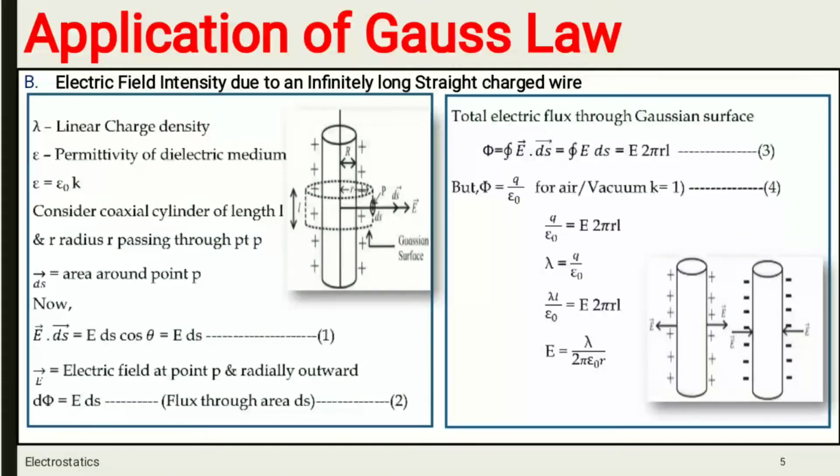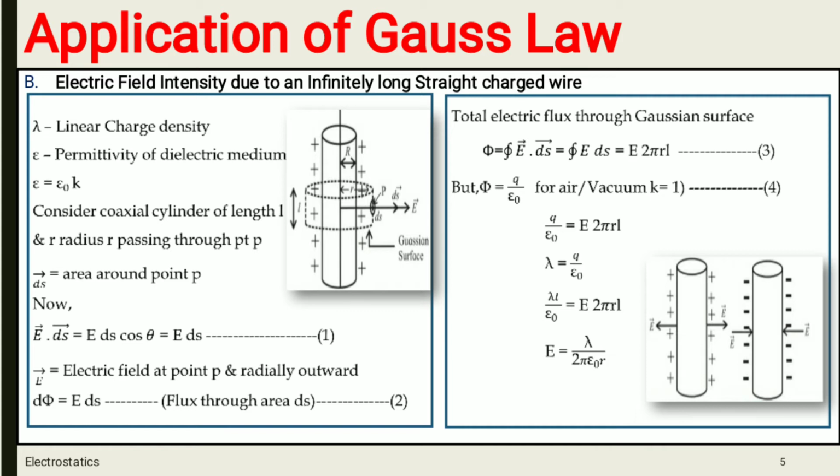Now here epsilon is the permittivity of the dielectric medium in which this wire is placed. So here epsilon is equal to epsilon naught K. Epsilon naught is the permittivity of free space, and K is the dielectric constant.